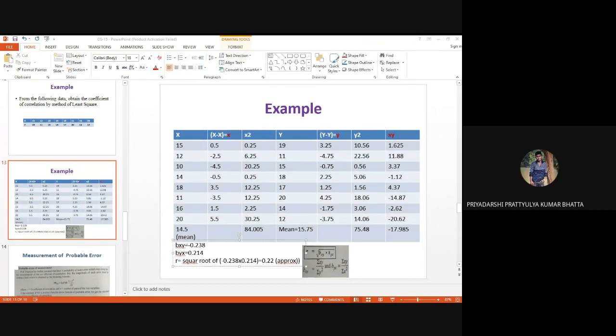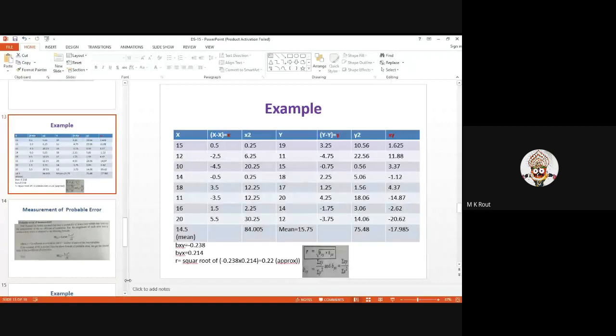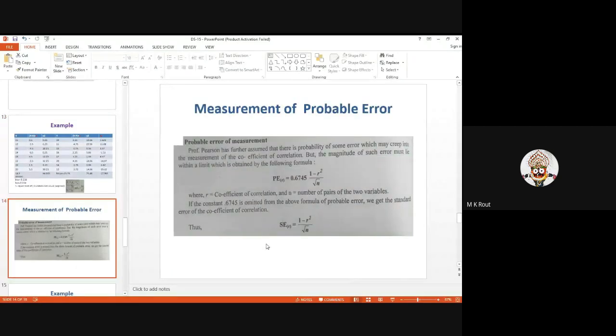Yes, sir. Okay. Moving to the next, the most important topic as far as your 2-mark questions are concerned, especially with reference to your semester examinations. The topic is known as measurement of probable error.